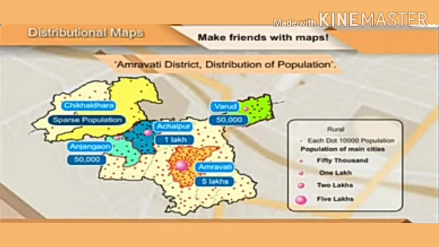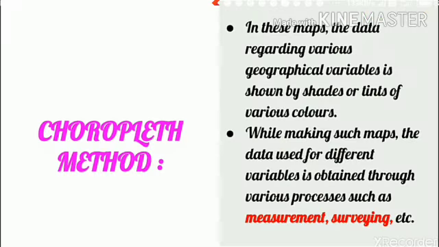The dots used for showing the population of Anjangaon Surji and Varud are small, which have 50,000 population, whereas in the northwestern part where Chikaldara and Dharni are located, there is sparse population.